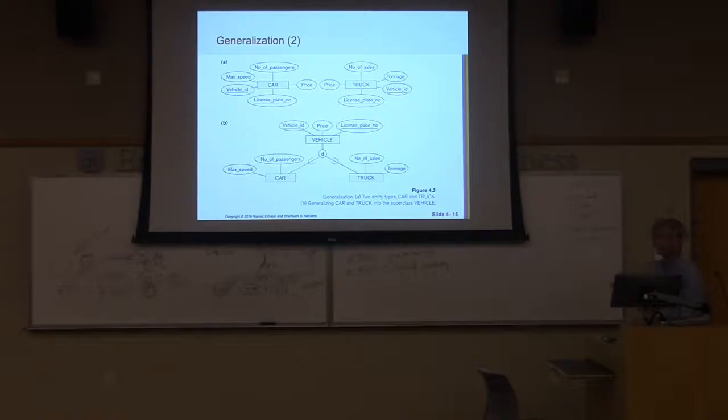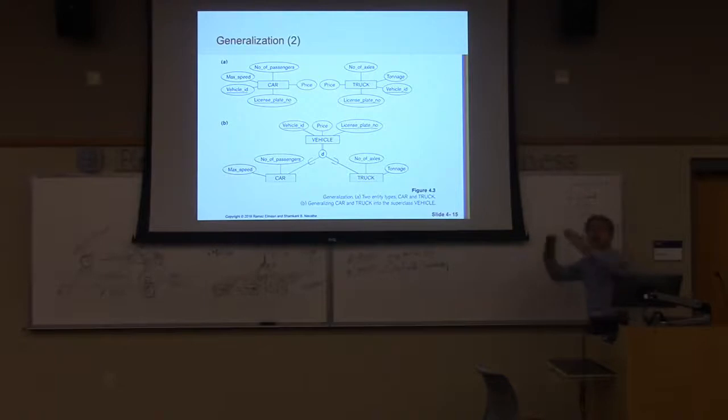Okay, then you may realize, car and truck, both of them are vehicles, and they have the same key attributes, like the vehicle ID and license plate number. So you can generalize into the vehicle. So you can see it's a disjoint. Why?